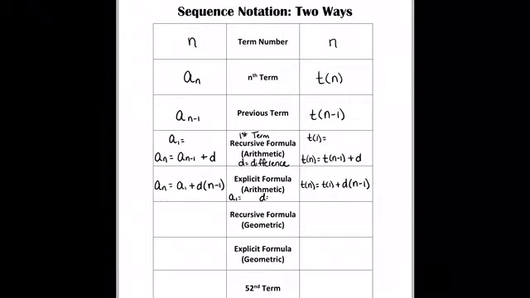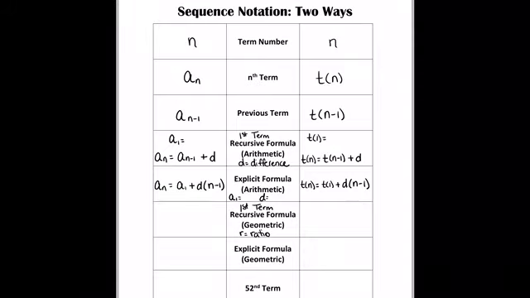All right, let's look at the recursive formula for a geometric sequence. When we're talking about the recursive formula, we're going to need to define that first term, and we're going to need to talk about what that common ratio is.